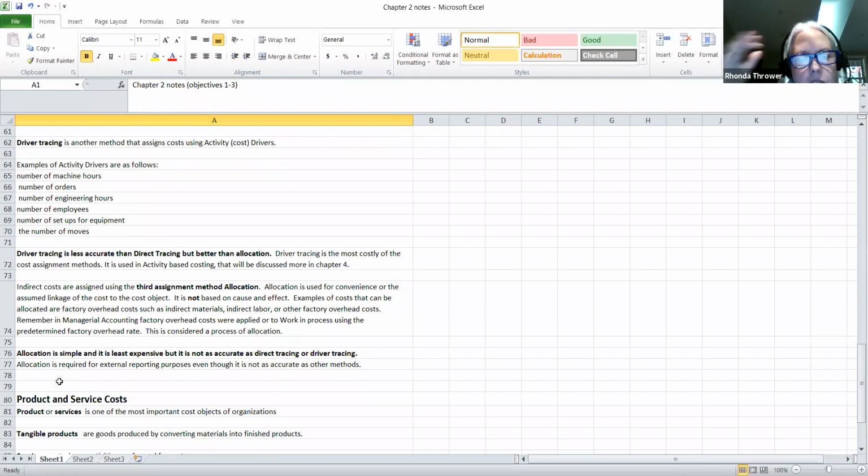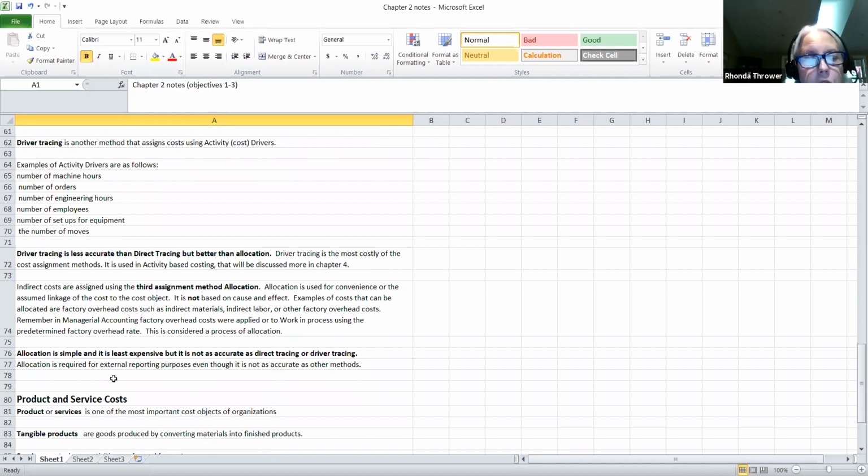Allocation has its advantages. It is simple to do and it's least expensive, but the disadvantage is it's not as accurate in assigning cost to our products as direct tracing or driver tracing methods are.